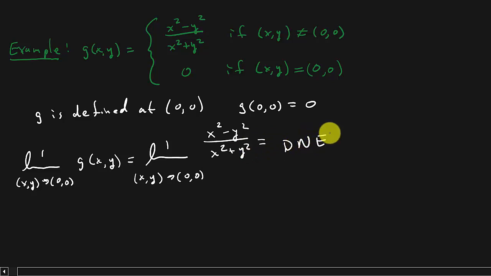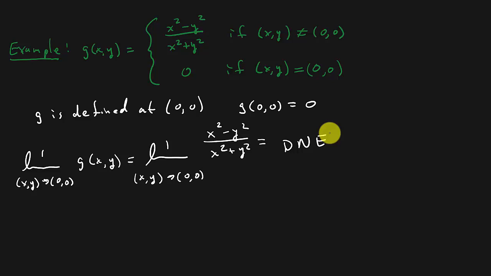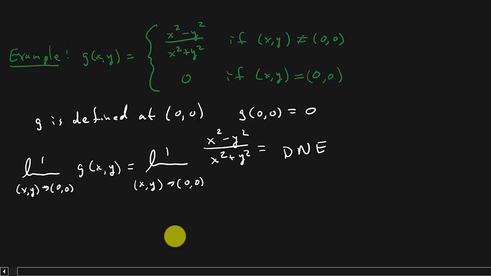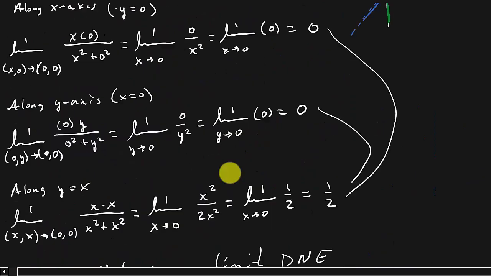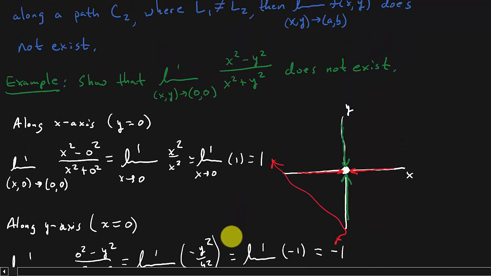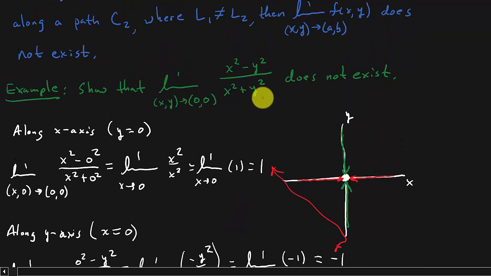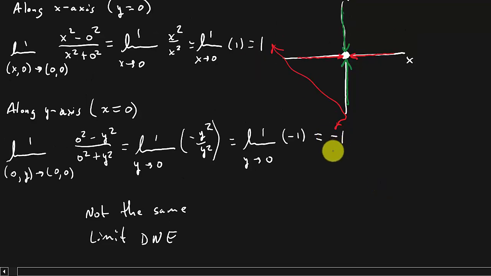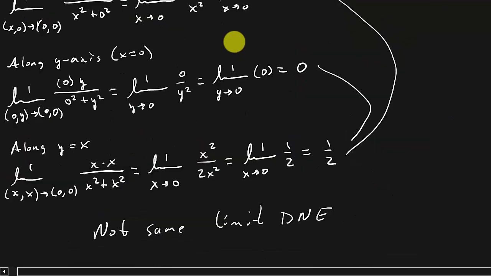And you might be sitting there thinking to yourself, well, how do you know it does not exist? Okay, so remember, (x squared minus y squared) over (x squared plus y squared), and we're taking the limit as it goes to (0, 0). So let's come back up here. See, we already did that problem. That was the first example we worked. We did this limit, and we showed we got 1 and -1. That limit does not exist.